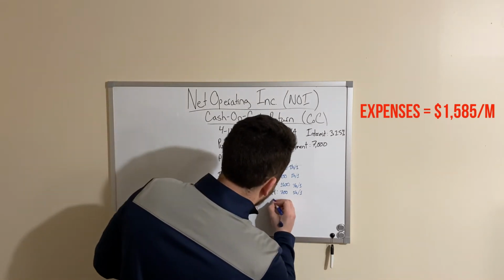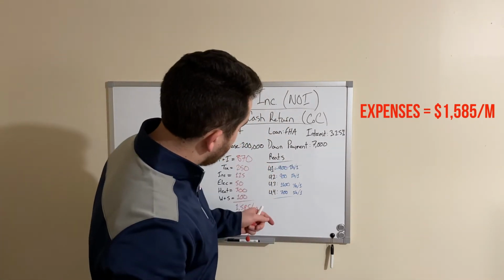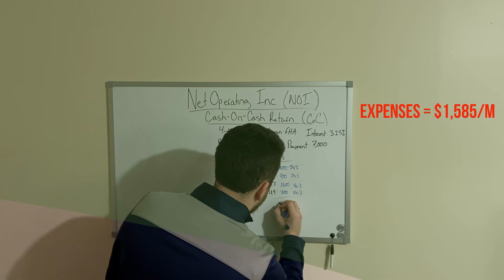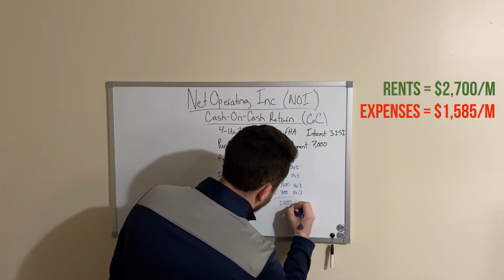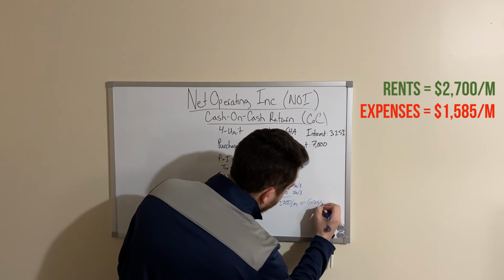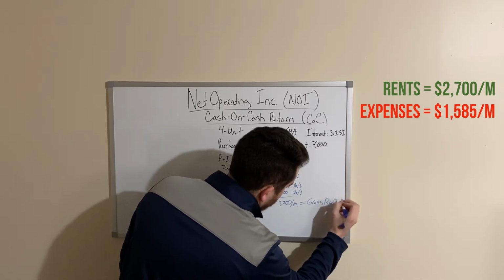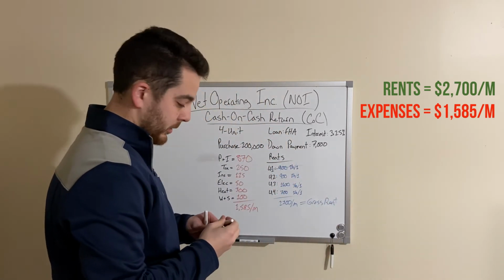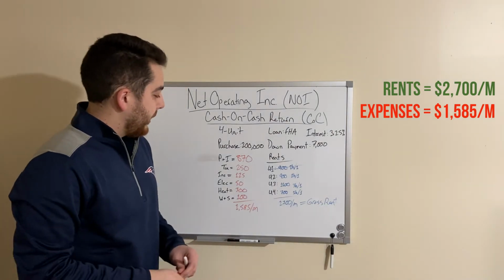Okay, adding all those up, got $1,800, that's going to be $2,700 a month. And that is the gross rent. So if you haven't already, write down these numbers.